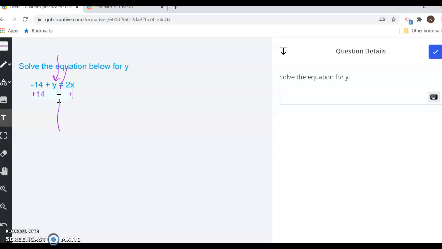And then on this side, I'm going to do another plus 14. Okay, so the negative 14, positive 14 cancel each other out. Then I have y equals, and then I write these two numbers next to each other. Do not add them together to be 16, because they're not like terms. So the x part goes first, and then the number. And I would type that in to my answer blank.